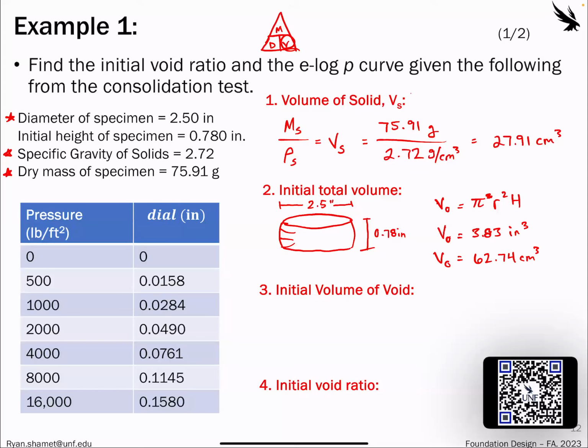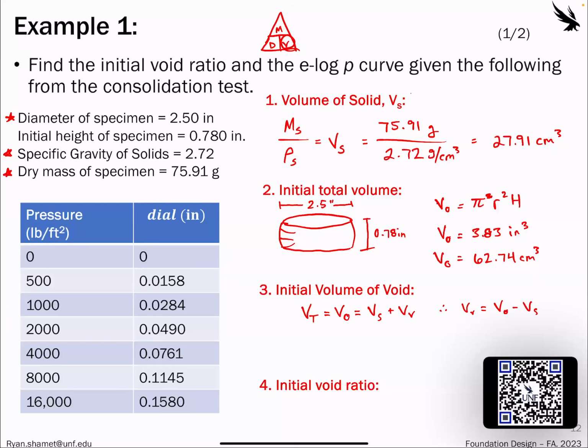So next we'll find our initial volume of the voids. We know that our total volume, the one that we just found, is our initial volume. With our phase diagram, we have a volume of solid, and we also have a volume of void, so that's what makes up the total. Therefore, we can rearrange this equation to solve for the volume of voids, meaning that this is the initial volume minus the volume of solid that we found earlier.